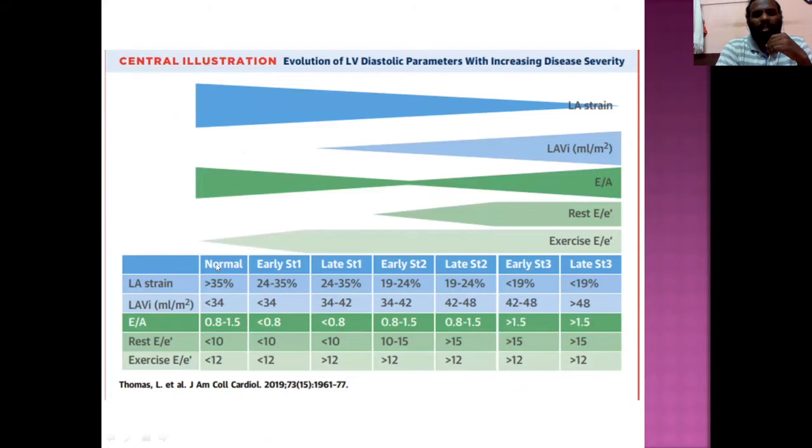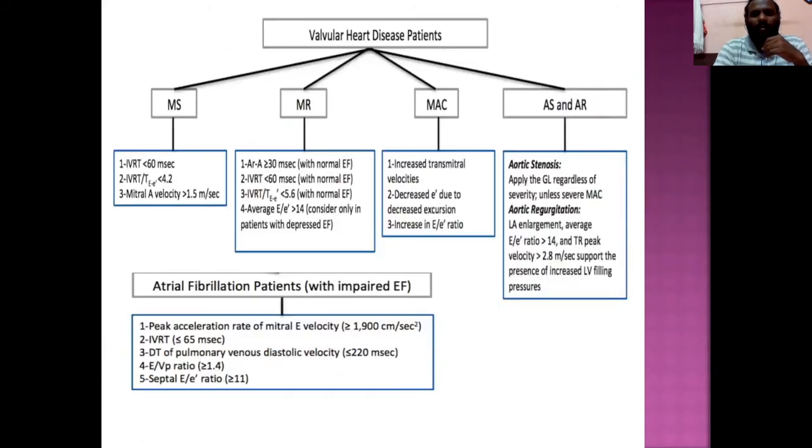Normal strain is more than 35%. When the LA strain is less than 35%, you can say the LA pressure is increased. So in cases of indeterminate or where LA pressure cannot be measured by the traditional parameters, you can go for LA strain to differentiate between normal and high LA pressure patients.